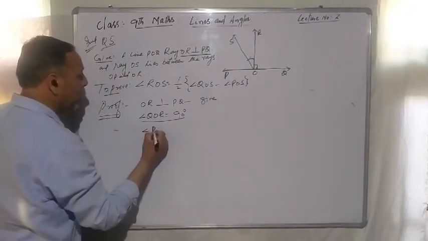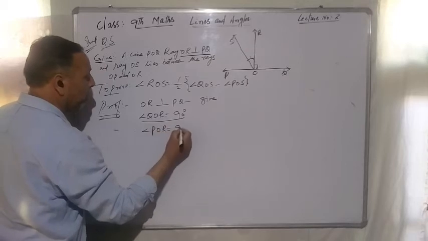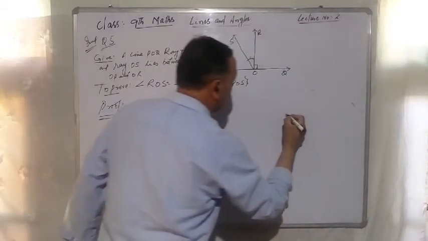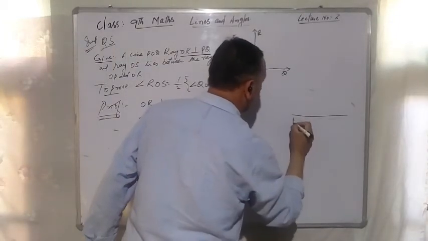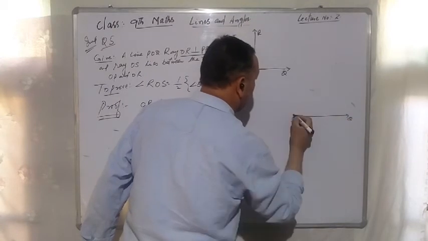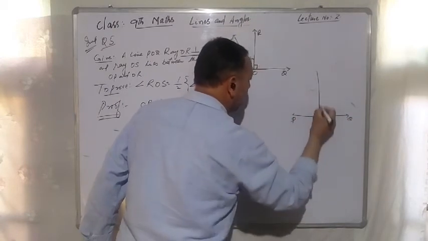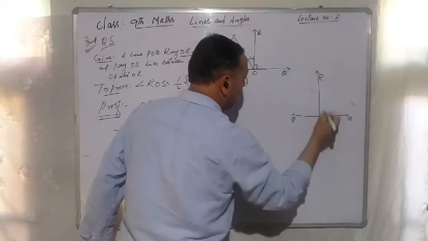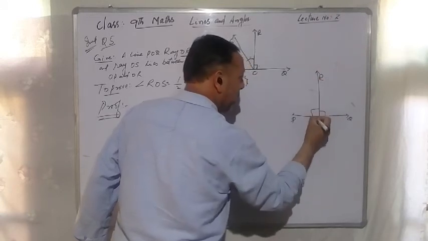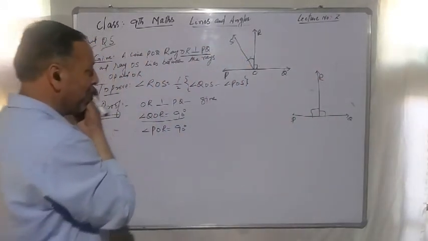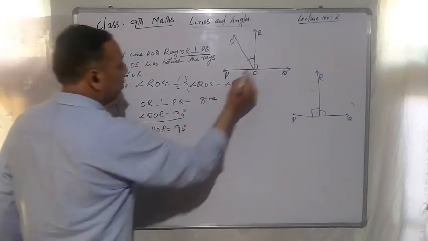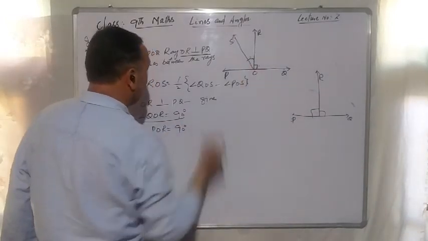Therefore angle POR will also be 90 degrees. That is, if I have line PQ, then this OR is perpendicular on it, so this angle will be 90 and this angle will also be 90, both will be 90. This angle is also 90 and this angle is also 90.